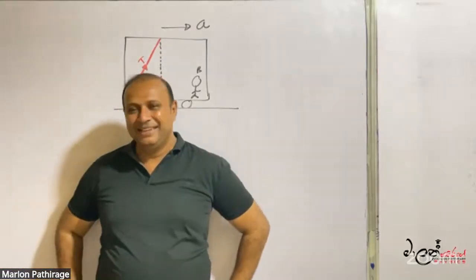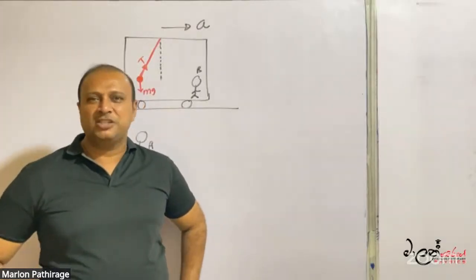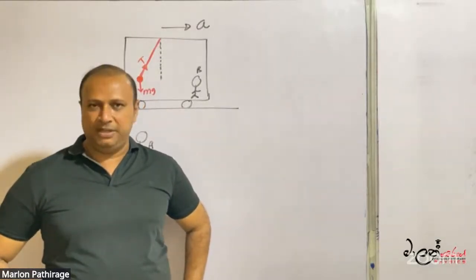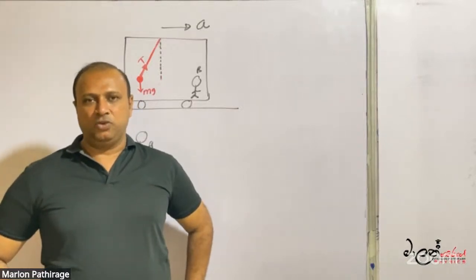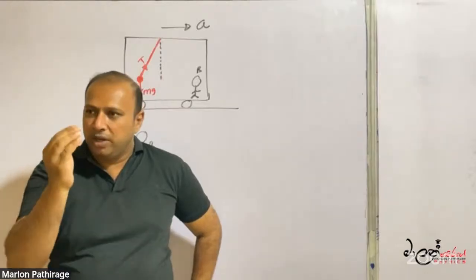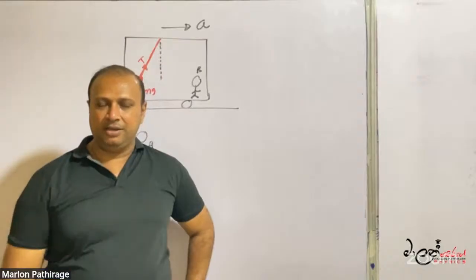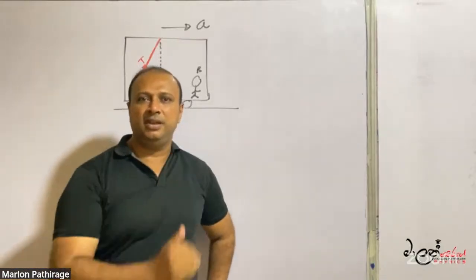But we cannot explain that motion. No, we cannot explain that motion. How to explain that motion? Definitely, to incline this object, there should be a force into that direction.